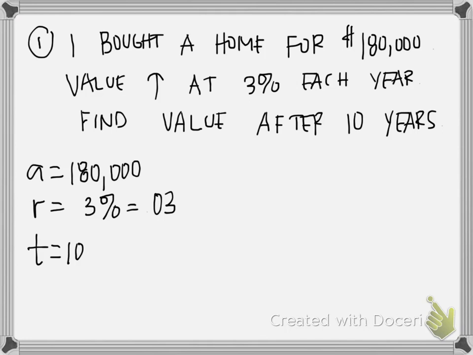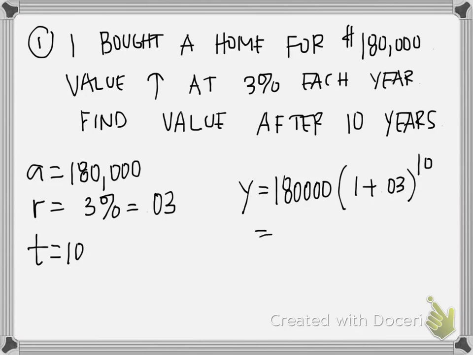Okay, so my formula here would be 180,000 times 1 plus 0.03, raised to the 10th power. So it's going to be 180,000 times 1.03 raised to the 10th power. Okay, when you multiply that out, should be what, 242.